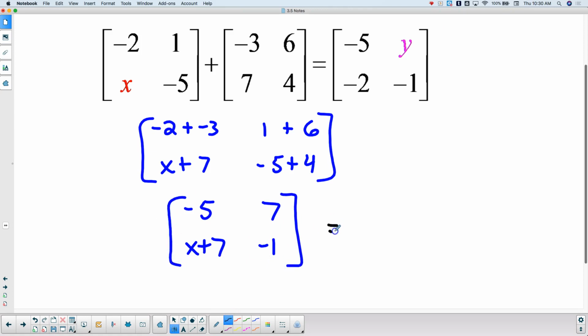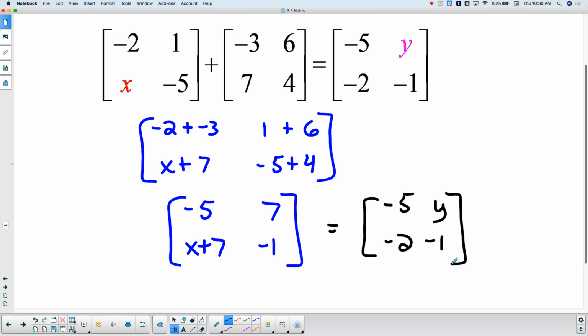And you can say that that equals negative 5, y, negative 2, negative 1. And then if you have two matrices with equal dimensions, then those corresponding elements need to be equal.